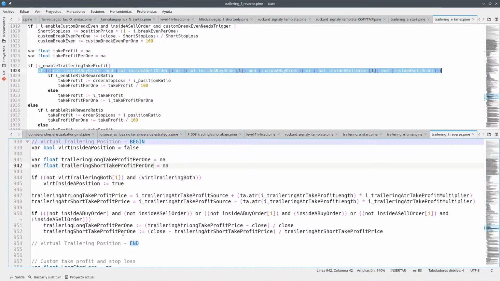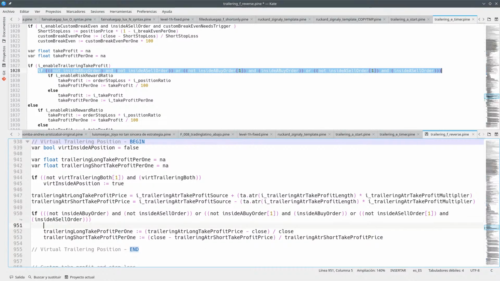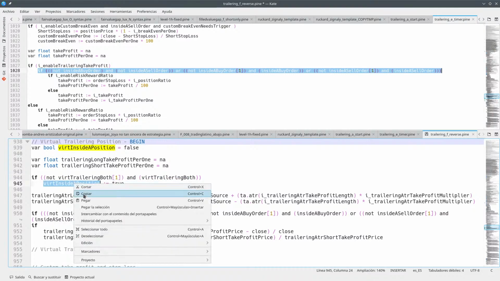Okay, so let's think about this. If you are not in a position, so it's this one.